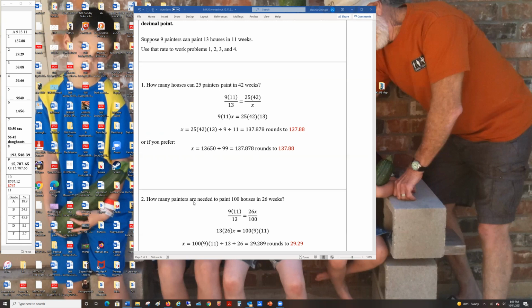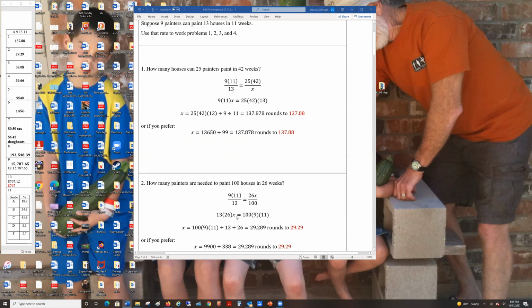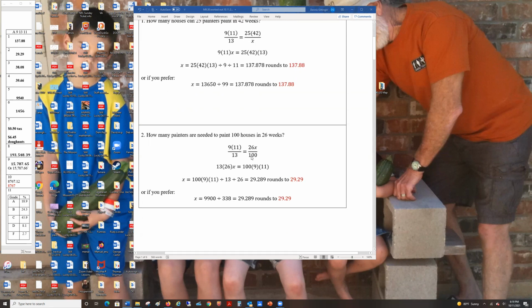Problem number 2. How many painters are needed to paint 100 houses in 26 weeks? Okay, painters times time, 26 times X painters, must equal 9 times 11 divided by 13. Cross multiply, we get 13 times 26X equals 100 times 9 times 11. And again, we can divide 100 times 9 times 11 by 13 and then divide it by 26.